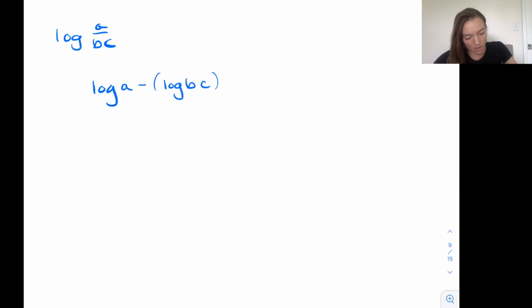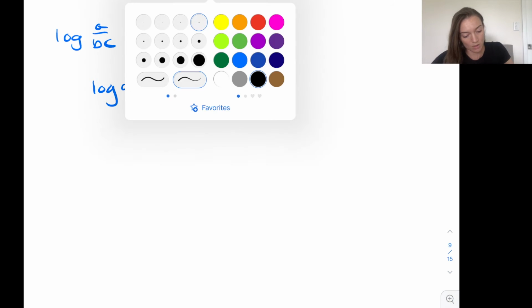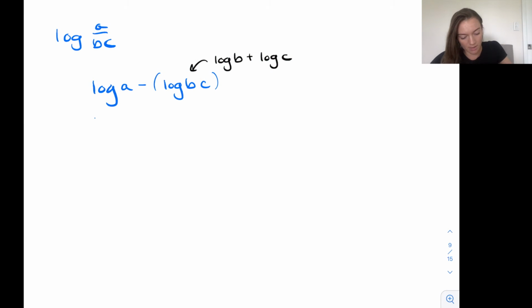And then log of bc, we know we can rewrite as log of b plus log of c. But we see there's a negative sign out front, so both the log b and the log c get that negative sign. So when we rewrite the whole thing expanded, we have log of a minus log of b minus log of c.